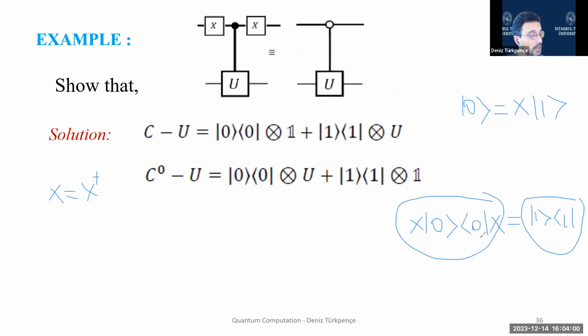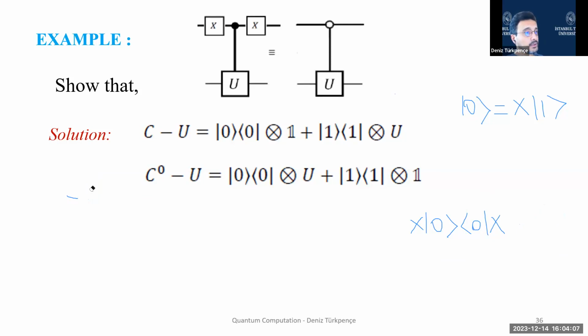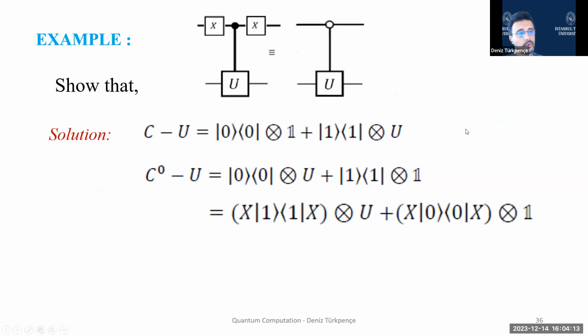Okay, so instead of this, I can write this. Okay, now I will follow the same route. And instead of the |0><0|, I will write the following on the left. I will write |1><1|, X, X, and instead of this |1><1|, I will write X|0><0|X. So they are the same thing, okay? They are the same. But after this, I will make another trick. Now I have a global parenthesis here.